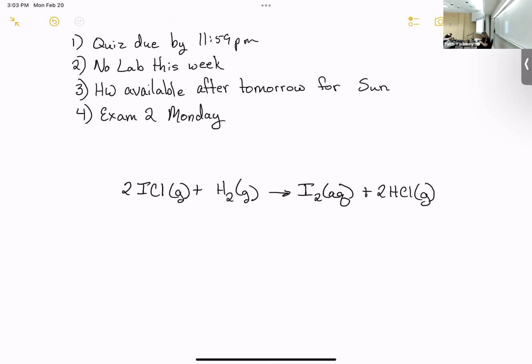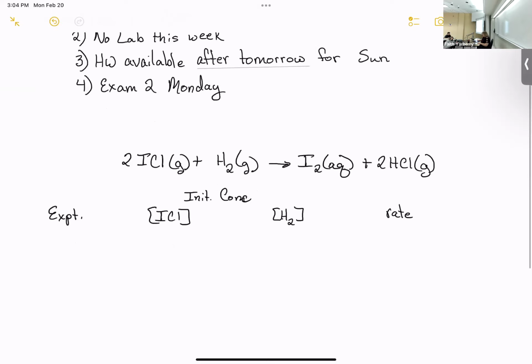Now, multiple experiments were run, and we have the initial concentration of our ICl and of our hydrogen. We were also given the initial rate for this reaction.